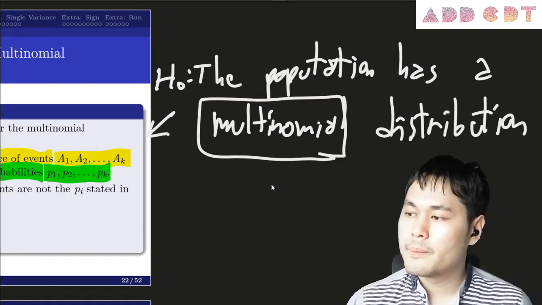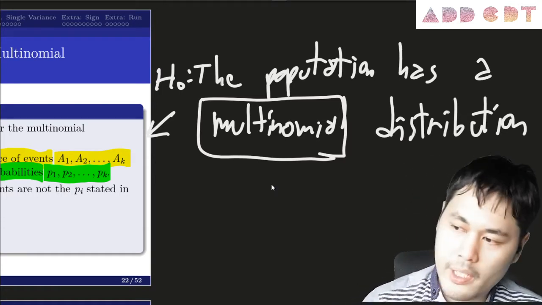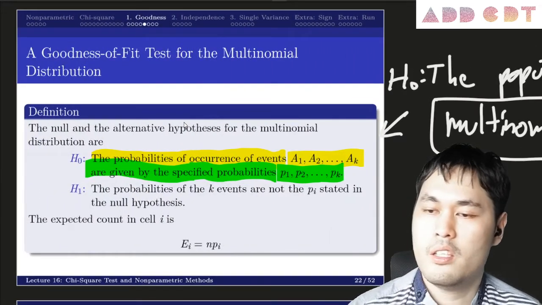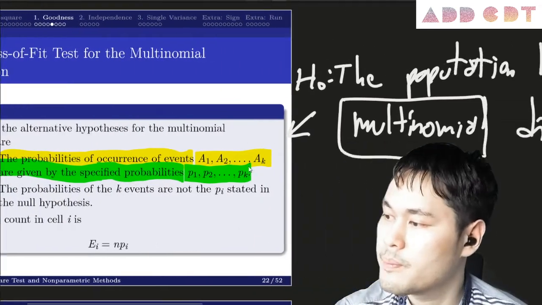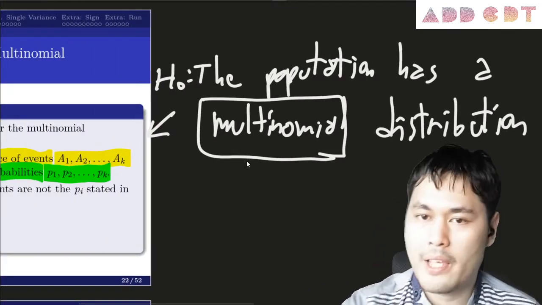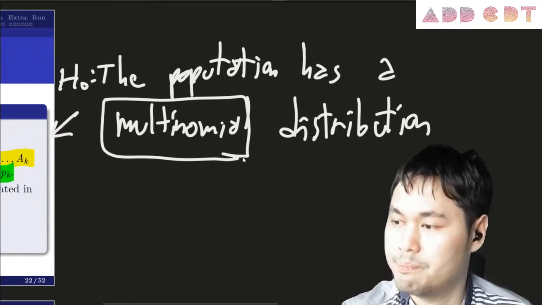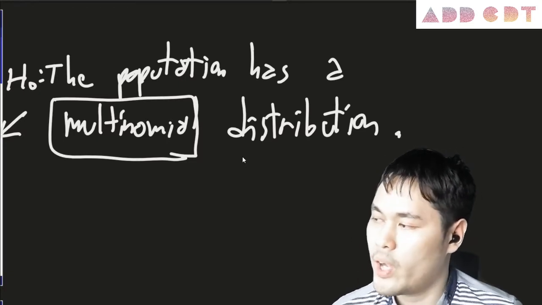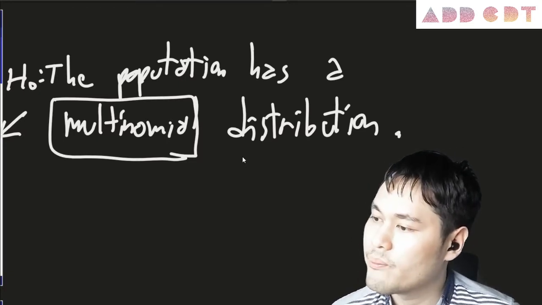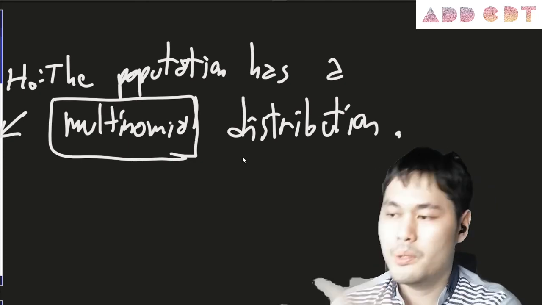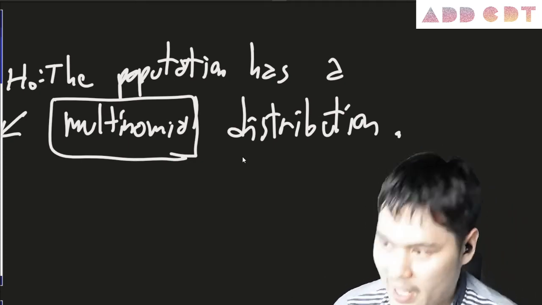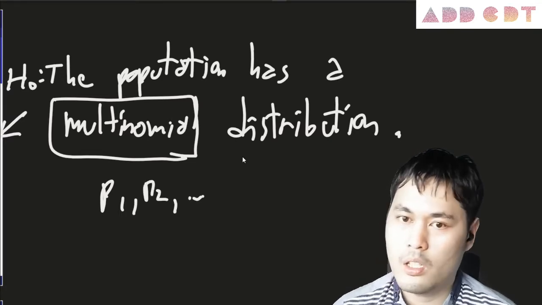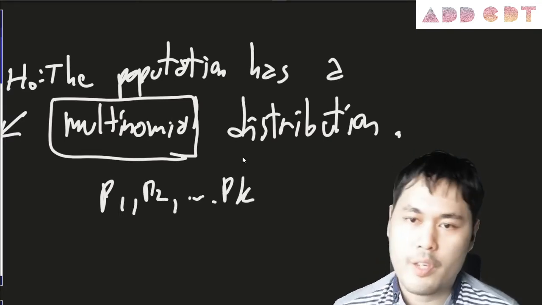But we are saying more. We are saying that it has a multinomial distribution with these specified chances. You can write it this way, but that's going to be kind of vague. You have to say that, and then you have to specify each pi, p1, p2, all the way up to p of k.